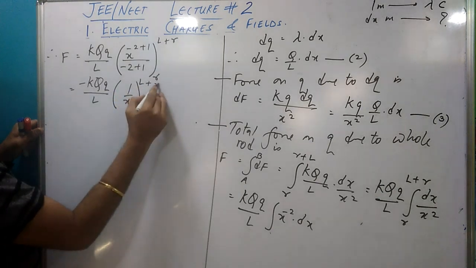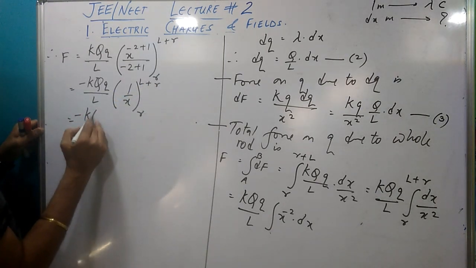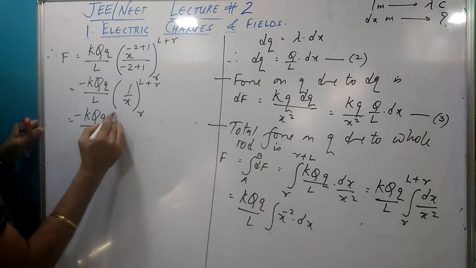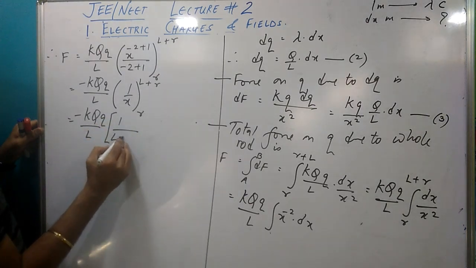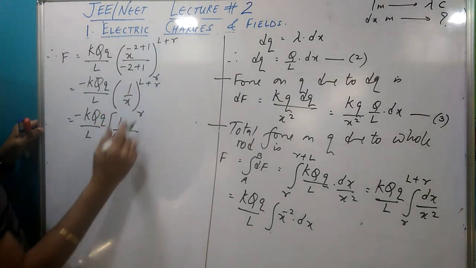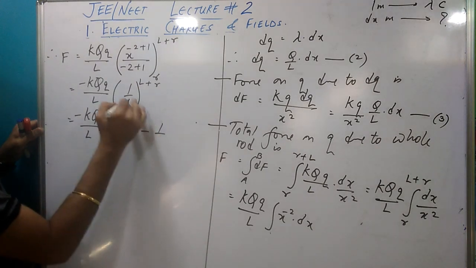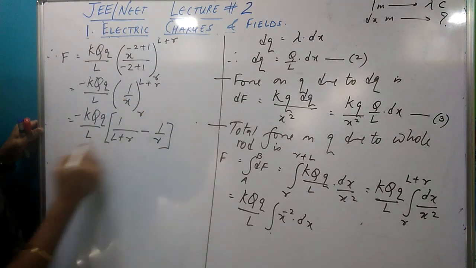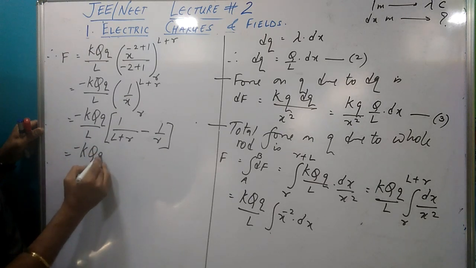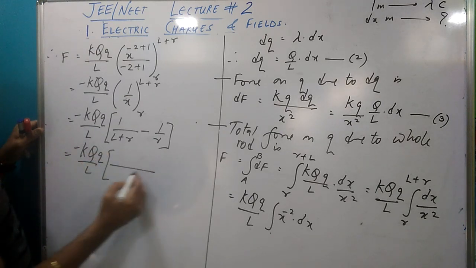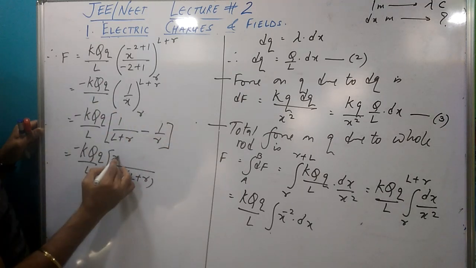And now let us substitute. First the upper limit, and minus the lower limit. So in place of x, I'm going to put L plus R, minus, and now in place of x, I'm going to put R. Simple ideas. So R into L plus R. This R goes here, minus.